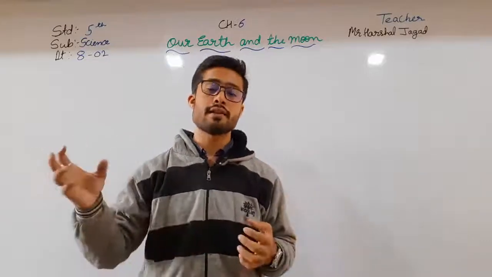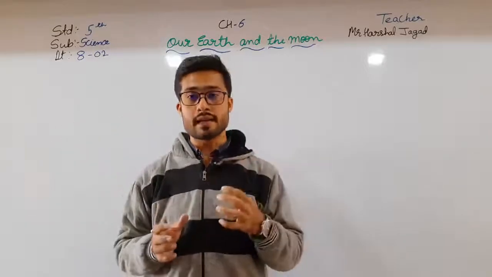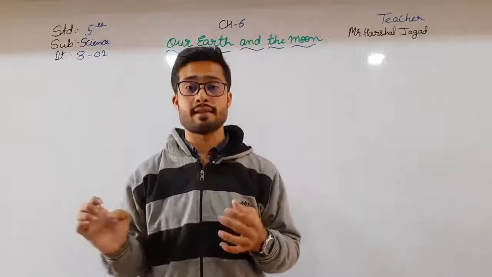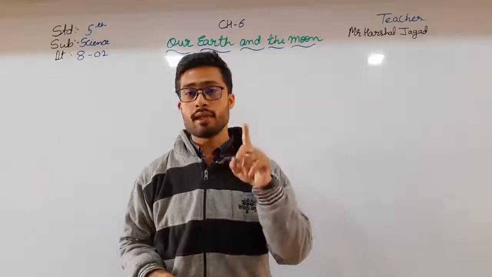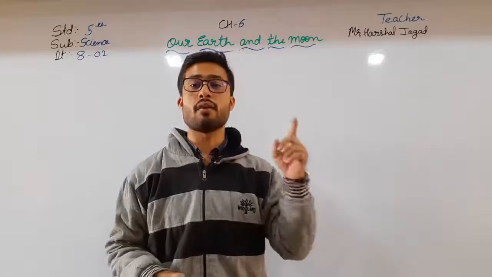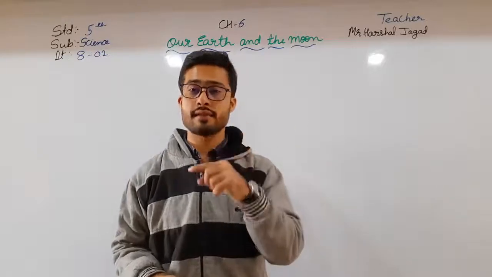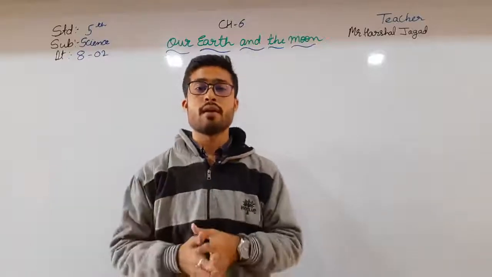For Jupiter, Saturn and other planets, their satellites are less than 1/6, meaning they are small. The moon is the only one in the solar system which is 1/4 of its planet. All other natural satellites are 1/6 or less than 1/6 of their planet, okay students.